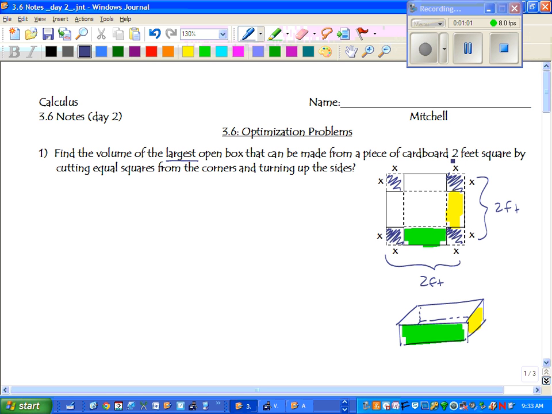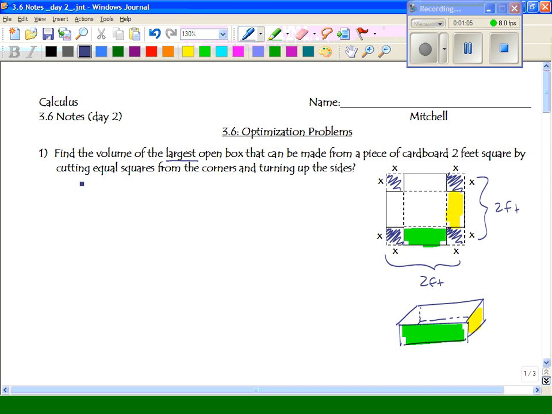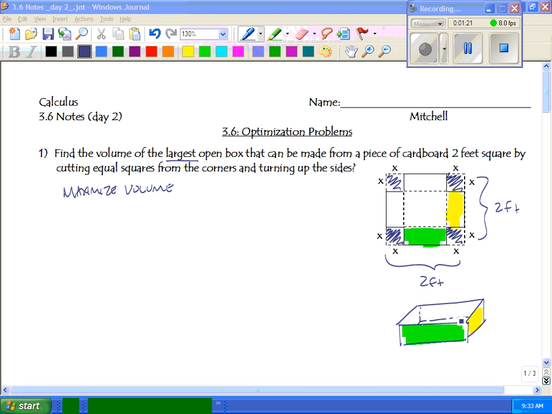All right, so we're trying to find the largest volume. So we're trying to maximize the volume. Right, so we need to write an equation for volume in terms of one variable. So it looks like we're going to use x for this shape right here, this rectangular prism.